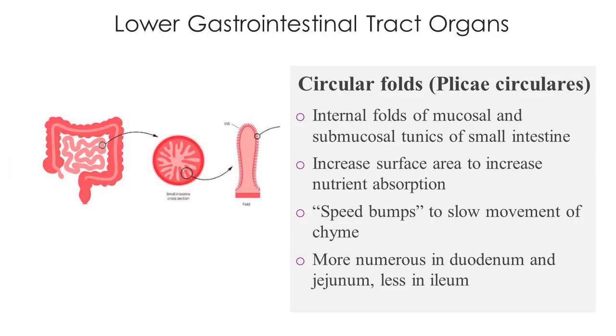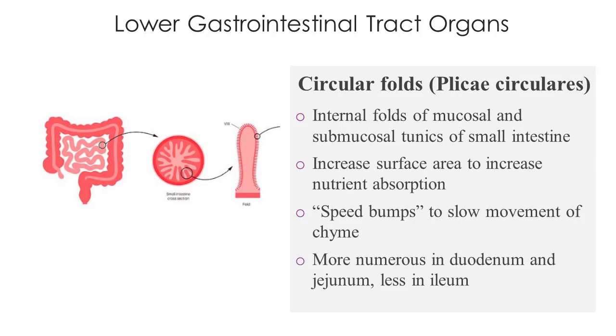To me, they remind me of the fins inside your dryer. You know what I'm talking about? Those fins that stick out to help move the clothes around. These are very similar to that, but these are called plicae circulares.